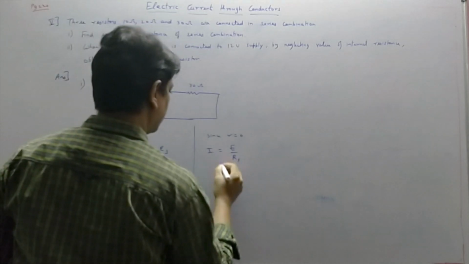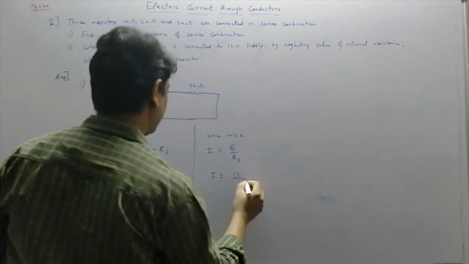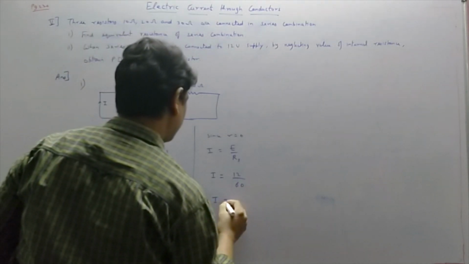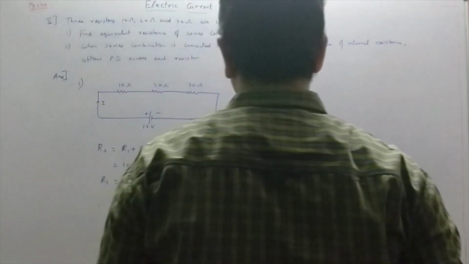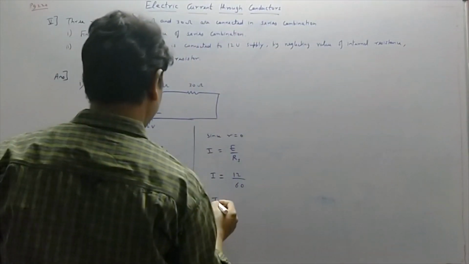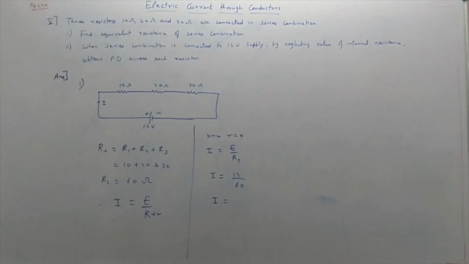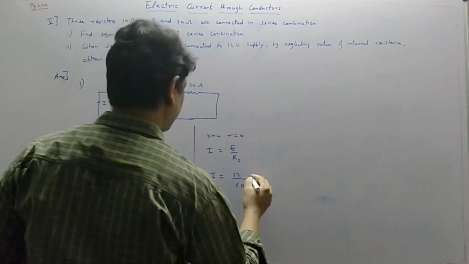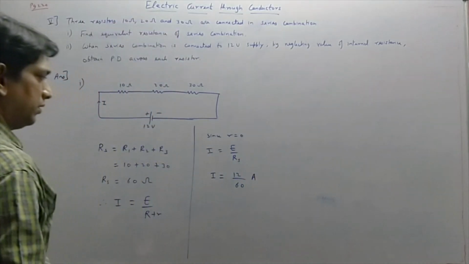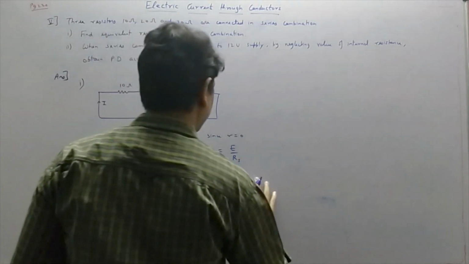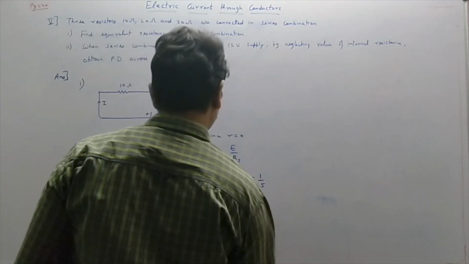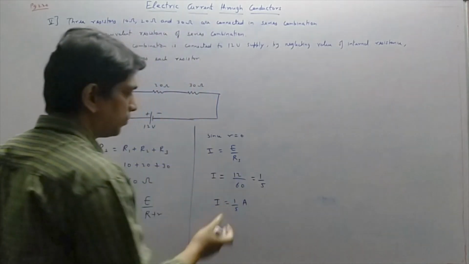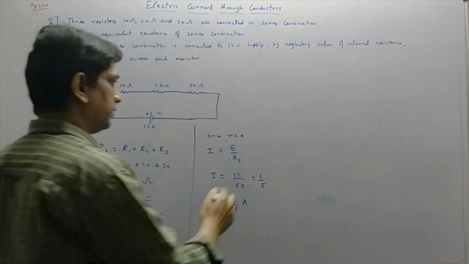So I is 12 volt battery divided by R equivalent, which we got as 60. 12 by 60 is 1 upon 5, so the current is 1/5 ampere, or 0.2 ampere.